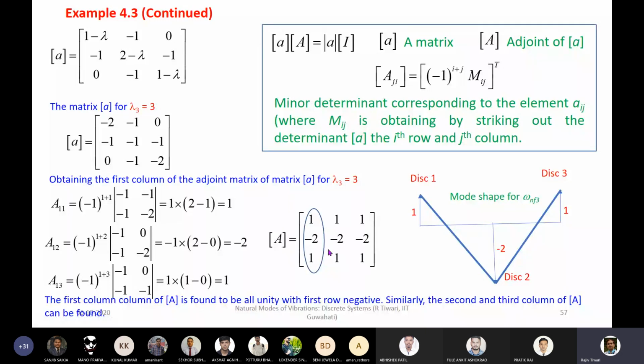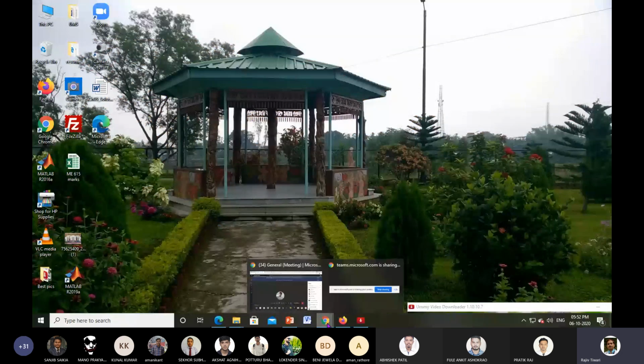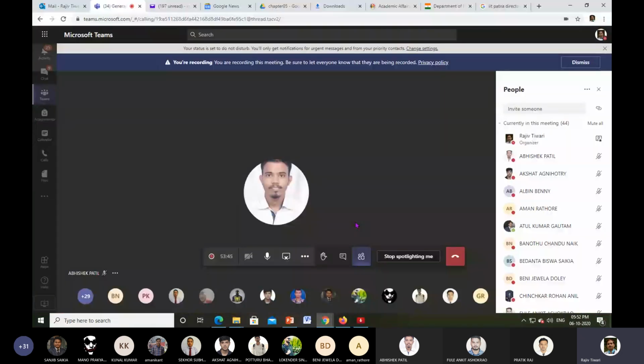So I'm stopping here, and maybe I'll take up some more examples in the next class. If you have any query on today's lecture, you can ask. This adjoint matrix approach is used because in the present course we will be dealing with 3x3 matrices at most.